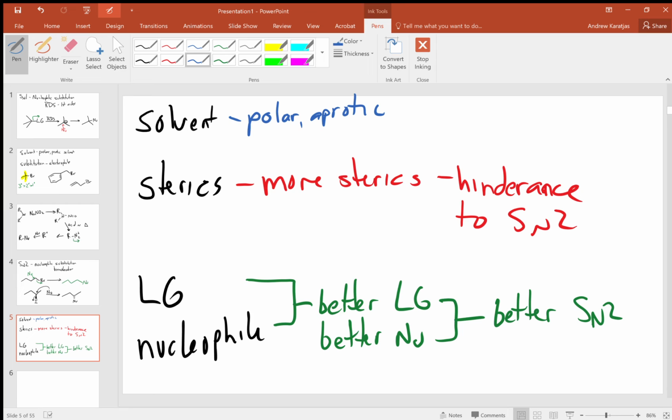And because the nucleophile is involved in the rate determining step, that makes the nucleophile less reactive. And by making it less reactive, we slow the reaction down. So typically for an SN2 reaction, we use solvents such as acetone, or THF, or acetonitrile. All highly polar solvents, but solvents with no acidic protons to provide.